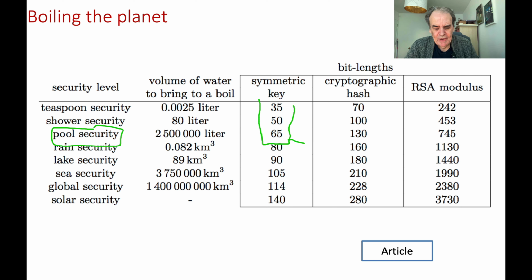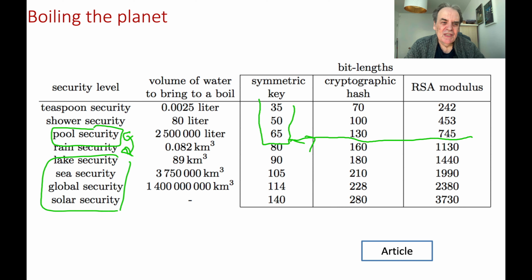If we think the break point is around here between being able to boil the rain and to be able to boil a swimming pool, there's a big difference between those two. Obviously, as we move up here, no agency on the planet could actually support the cost of boiling a lake, especially not a sea and so on.